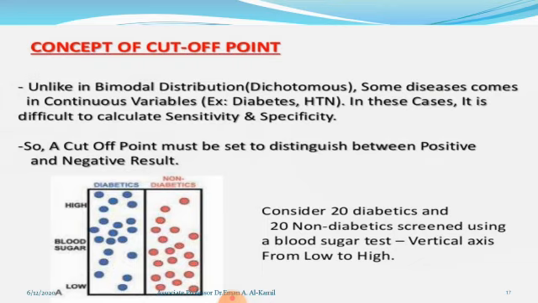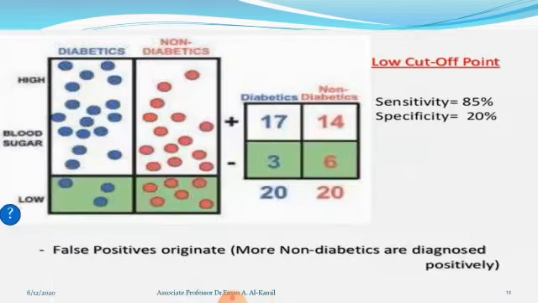So if we consider 20 diabetics and 20 non-diabetics screened using a blood sugar test, on the vertical axis from low to high. If we put a low cutoff point, this will result in a sensitivity of 85% while the specificity is 20%.